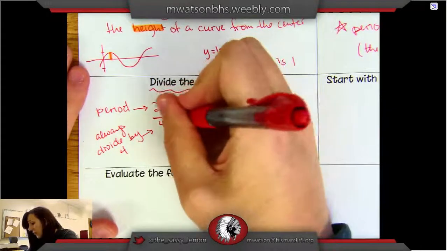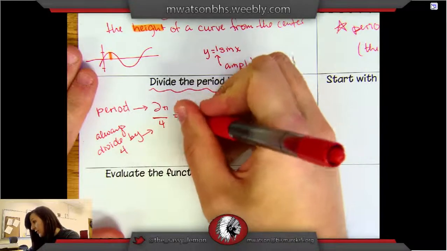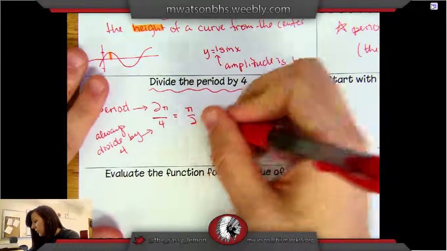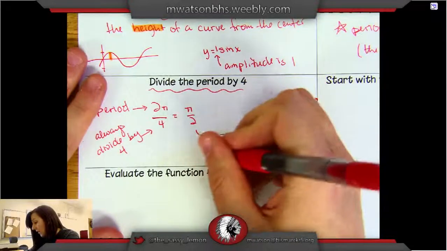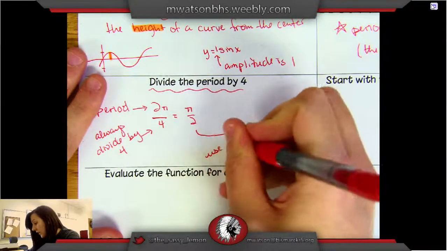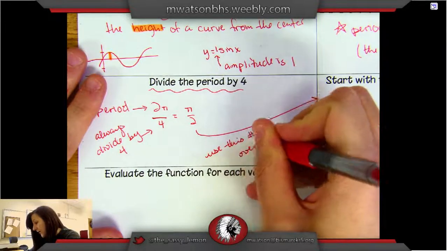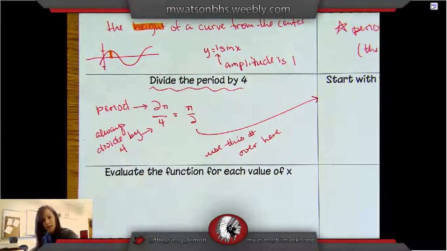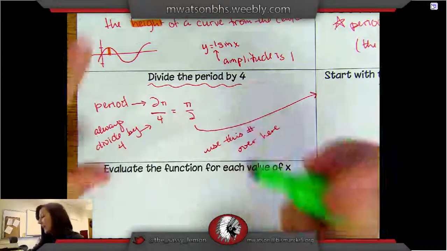And so what does that equal? Well, we need to simplify that down. It equals pi over 2, and we're going to use this number over here. So just write, use this number over here. Very mathematical. Okay, and I'm just going to do a little bit of highlighting here.